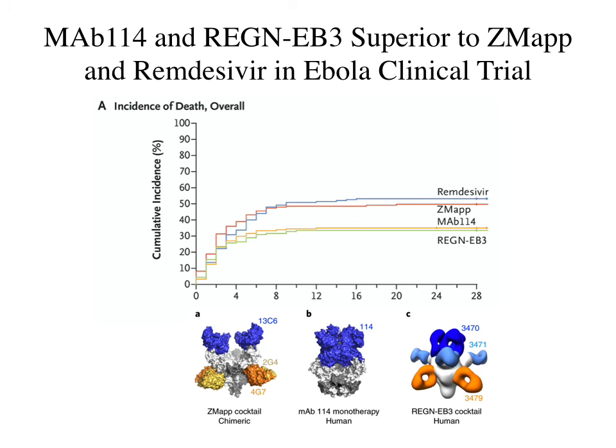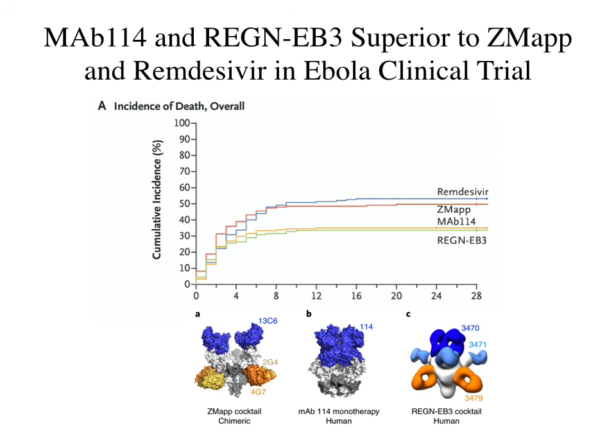These were compared to ZMapp, which is a triple monoclonal antibody agent that's been used previously in Ebola outbreaks, specifically during the West African outbreak, and then remdesivir, which is a nucleotide analog RNA polymerase inhibitor, which has been used against a number of different viral agents, including currently COVID. So you can see from the graph that the 2 new antibody drugs significantly reduced the incidence of death compared to ZMapp and remdesivir.